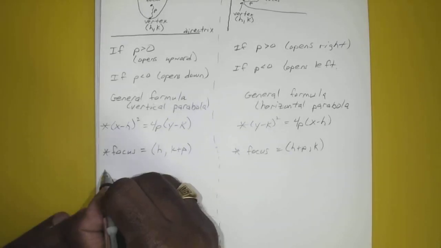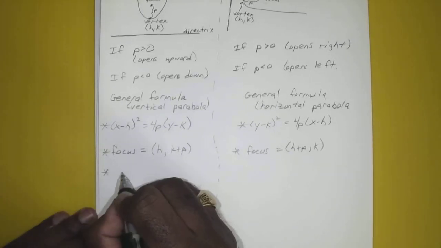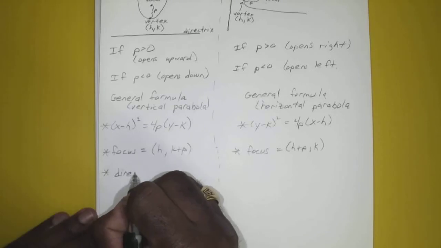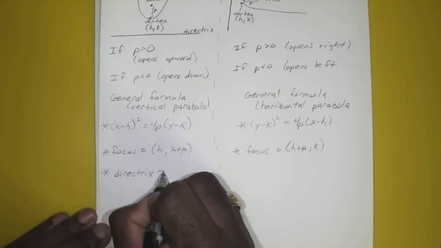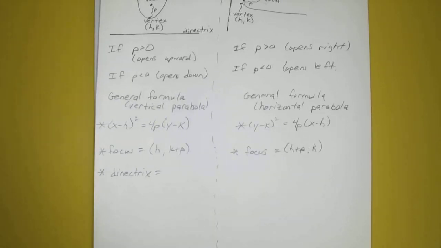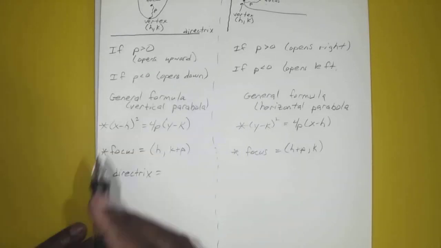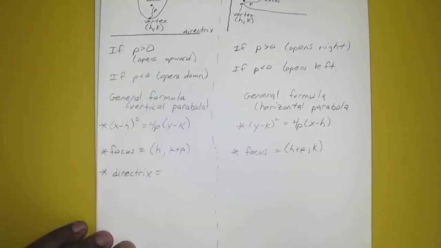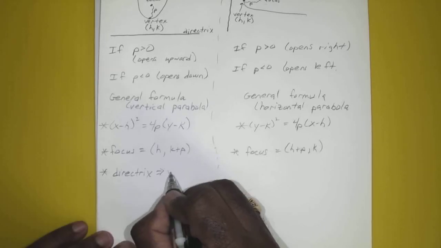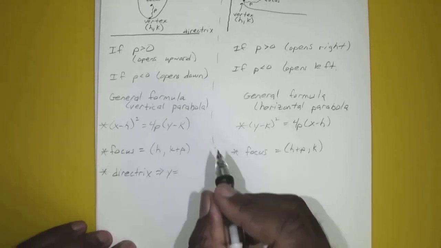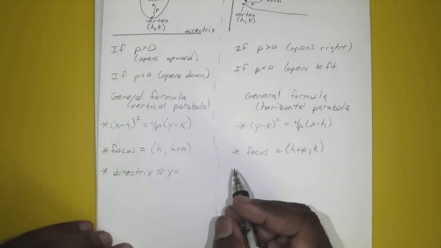Okay. Now if you were looking for your directrix, okay, remember when you have a vertical parabola, your directrix is just going to go left to right. It's going to be y equals something, because that's just a straight line. Okay, so if you have your directrix, that's going to be y equals whatever your k is minus p.